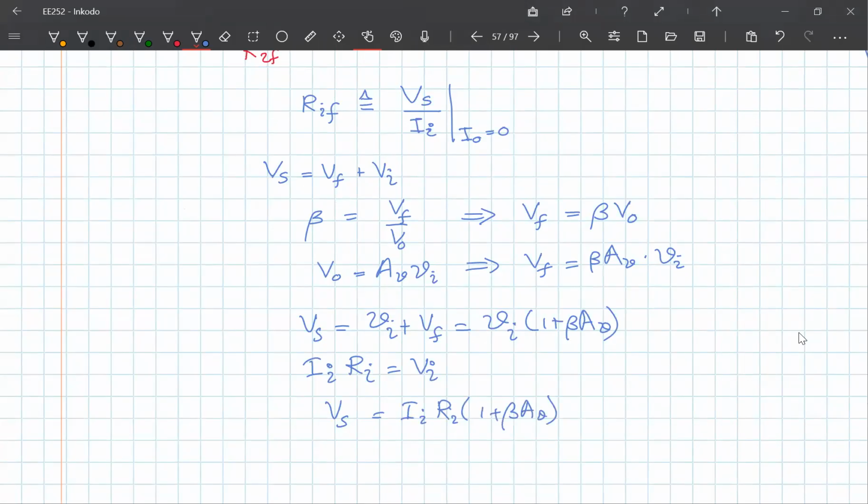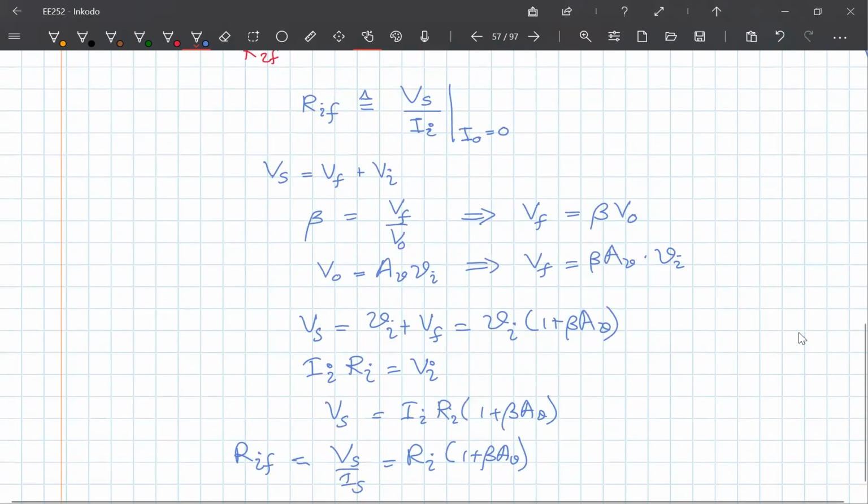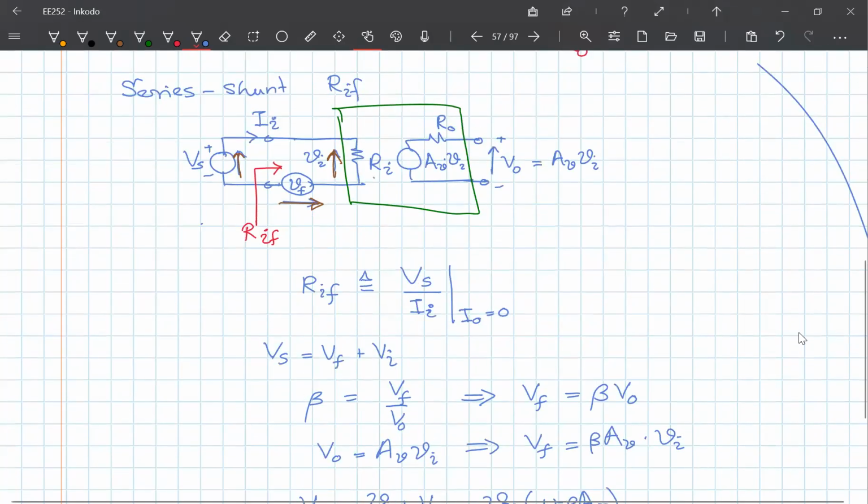Therefore, my definition Vs over Is is equal to Ri times 1 plus beta Av. Is this clear? So this is how you prove the input impedance with feedback for the series shunt topology. Senara, is this clear? Yes, sir, it is clear. Thank you.